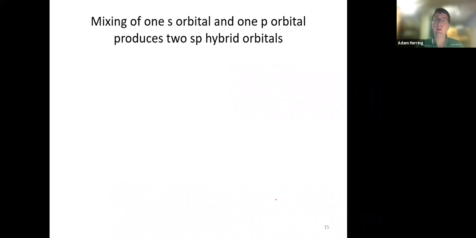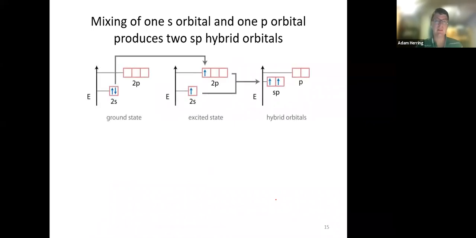Similarly, we can mix together a single s orbital with a single p orbital to produce a hybrid. This would be the case if we have a molecule that has 2 electron domains. So similarly, we would take and excite the ground state electrons up to the higher level in order to have them both be unpaired. We then take and combine those 2 orbitals with the electrons to form the hybrids.